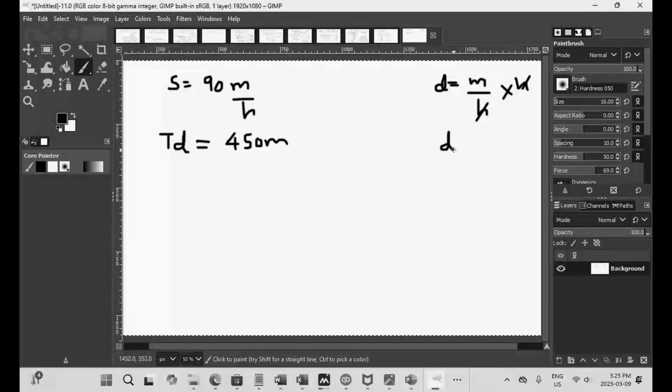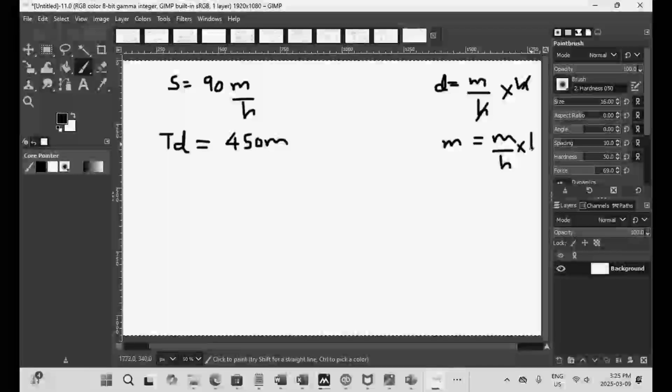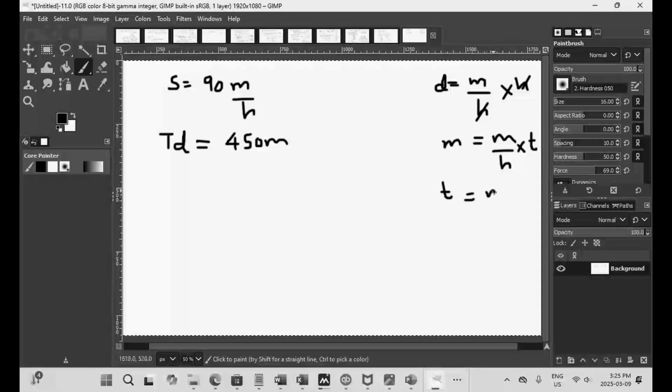Likewise, if you have your distance in miles and you need to figure out your time, which is in hours, this will be miles divided by miles per hour, equals hours. So you can solve this equation by figuring out the units.